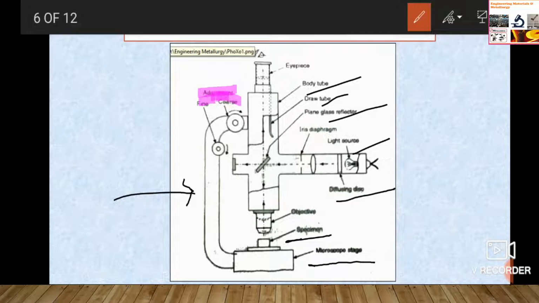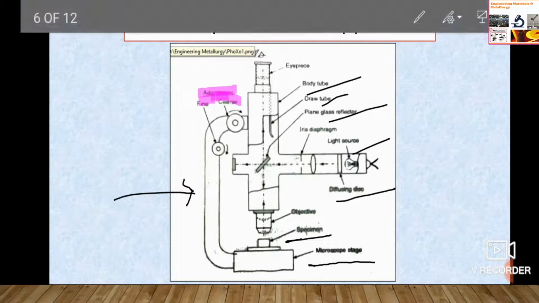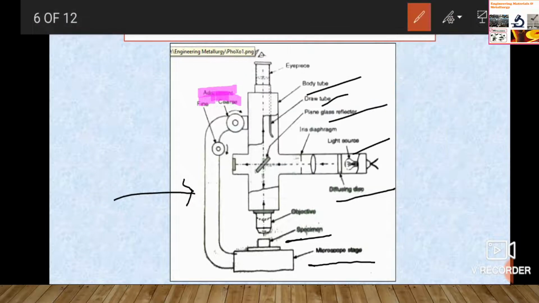eyepiece. Okay, so basically see how does it work. From this light source to this condenser lens, light falls on this glass reflector. Then from glass reflector, it goes to the objective lens. This is the objective lens.